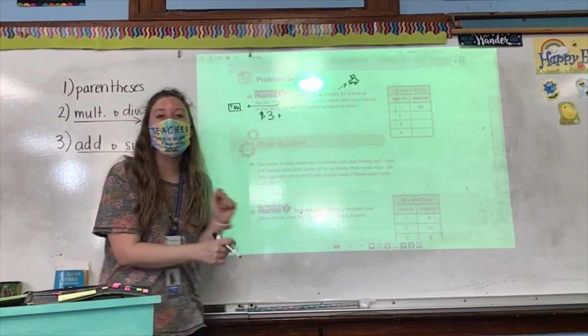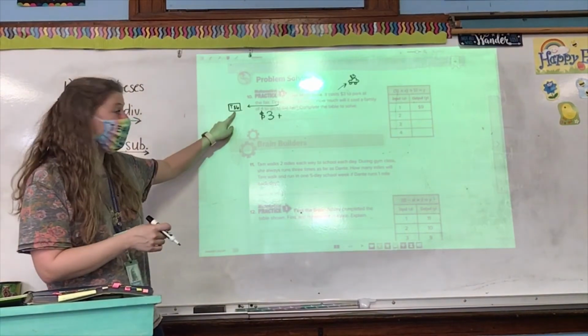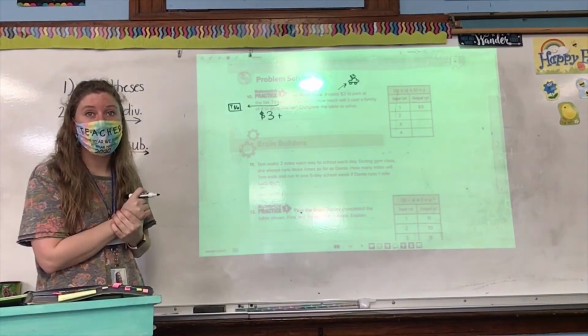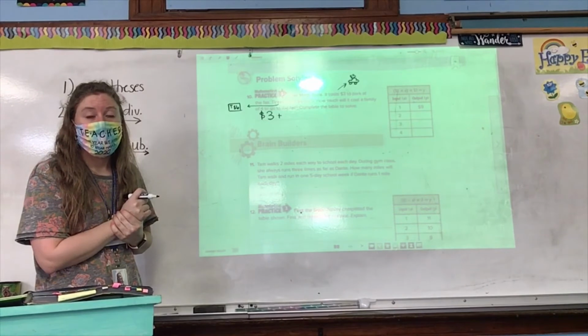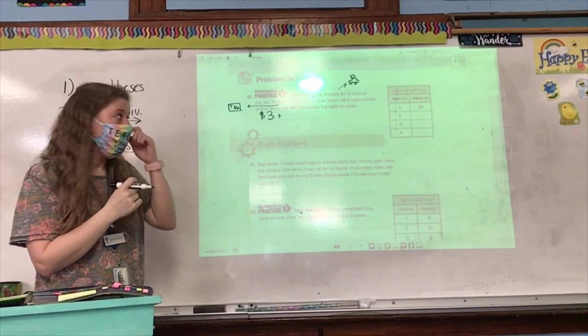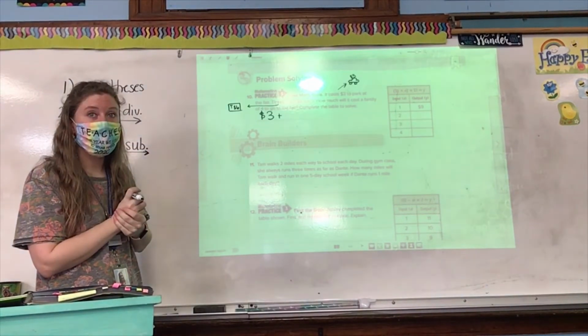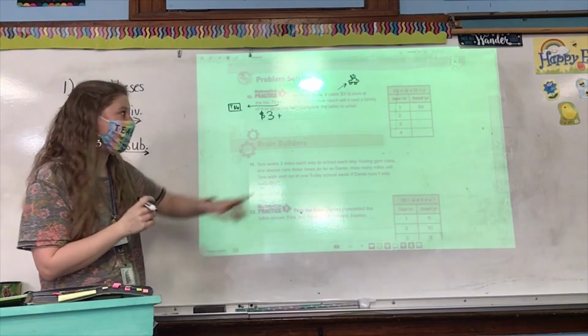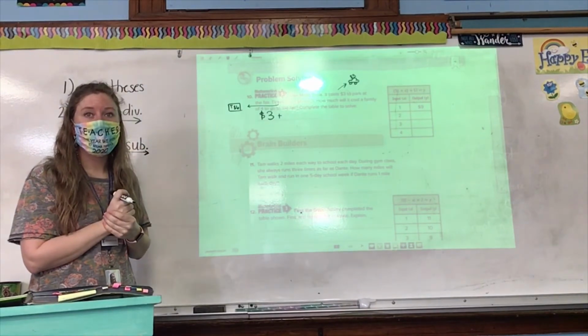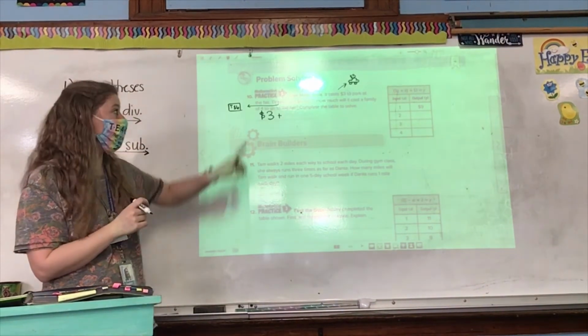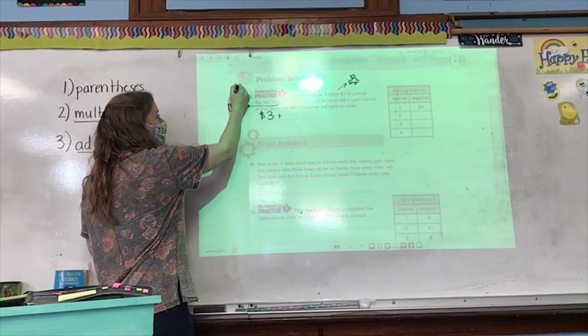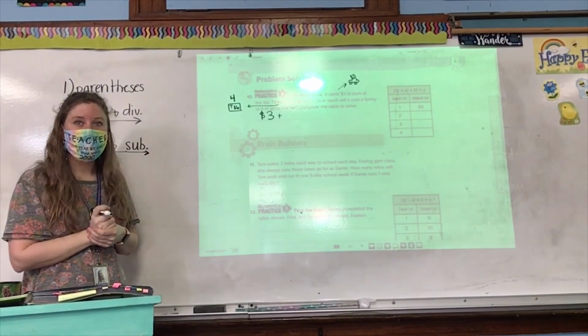What can we write instead to show that they need 4 of these $6 tickets? Plus 6? Can we add tickets in dollars? No. So what do we need to do to show that we need 4 of these tickets?